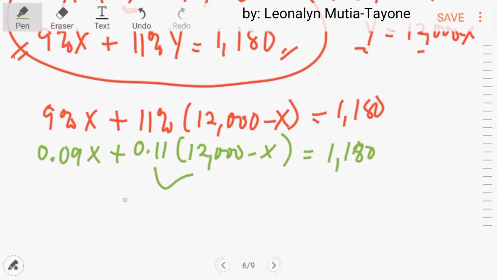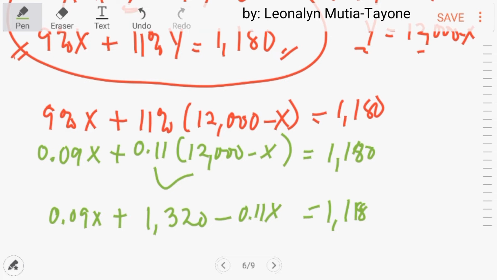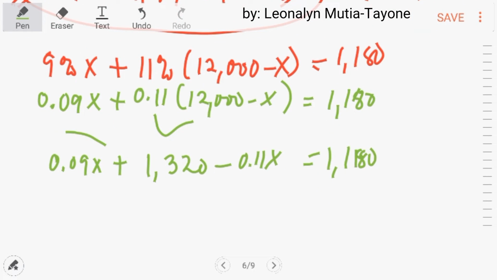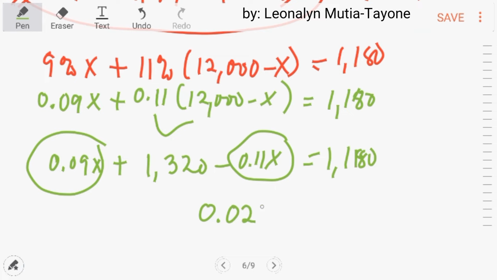Ito muna unahin natin. And this is 0.11 times 12,000, and that is 1,320 minus 0.11X. And bring down lang to. Equals 1,180. At itong same na terms ang i-combine natin. That means 0.09x minus 0.11x, that is negative 0.02x.